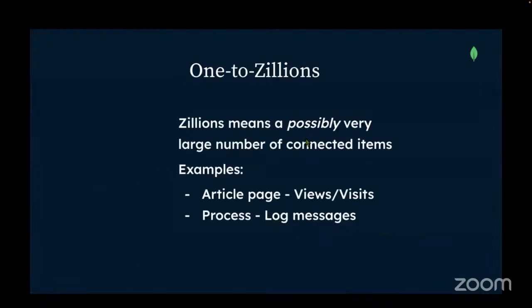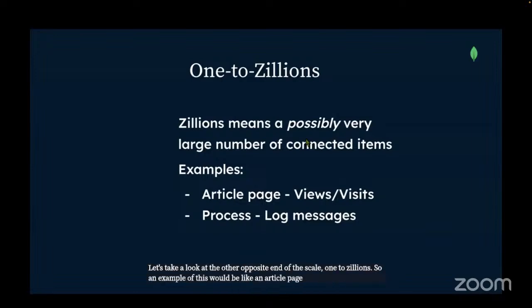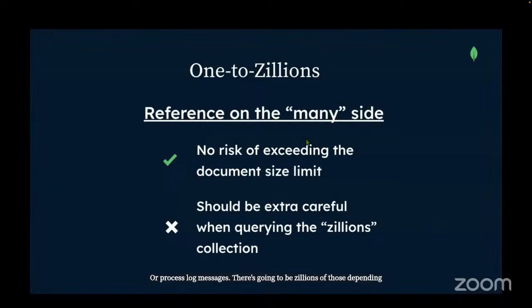Let's take a look at the opposite end of the scale, one to zillions. An example of this would be an article page to views or visits. You could have zillions of views on a particular article, right? Or process log messages. There's going to be zillions of those depending on the frequency of your application.